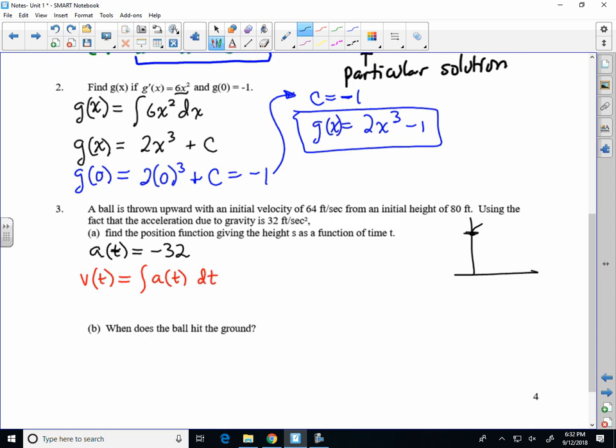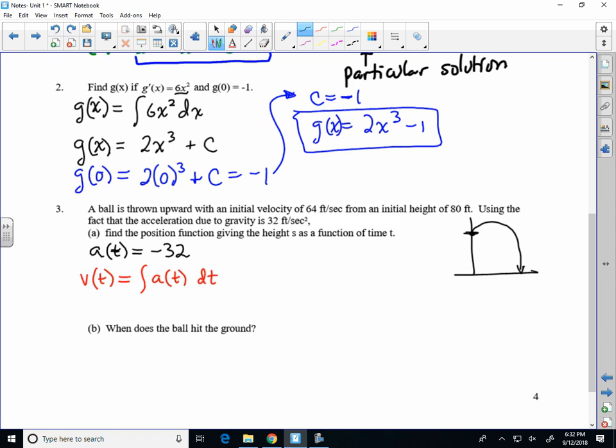Then it's going up in the air, and then gravity's always taking hold of it. And then it's working its way down. So we would actually have some maximum height other than 80, but that's where we're starting. And it's getting shot with an initial velocity. If the initial velocity was 0, then we would assume that it's just being dropped. Right? That's a little bit of a difference.